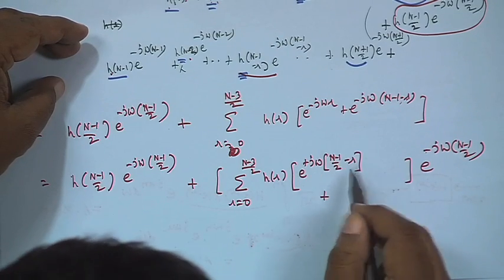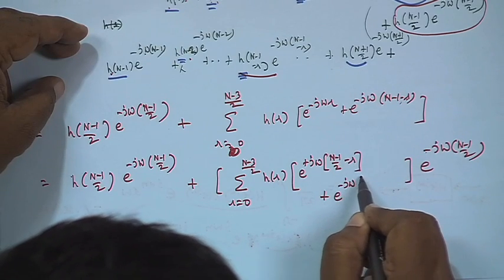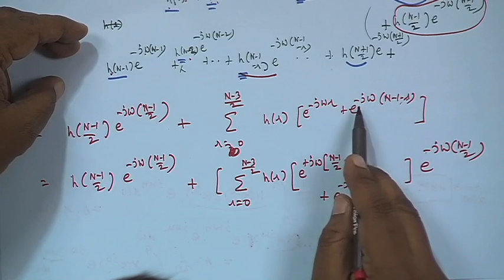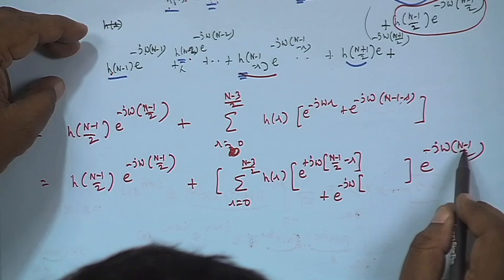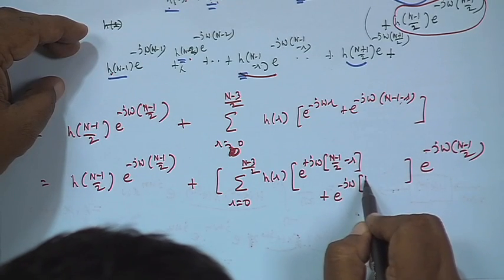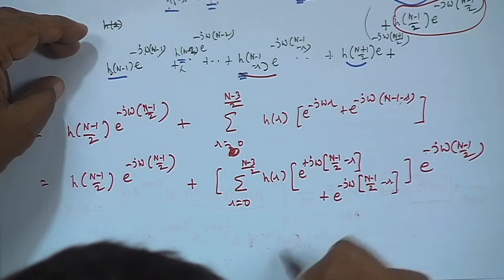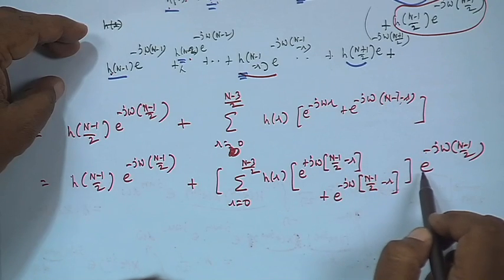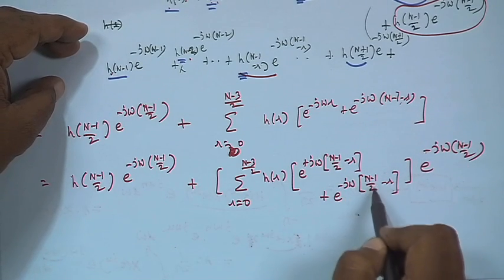And here, already I had e^{-jω(n-1)}, out of which e^{-jω(n-1)/2} has gone. So, another (n-1)/2 is still left. So, only this will be there, minus r, because e^{-jω(n-1)} was present. From that I have taken out e^{-jω(n-1)/2}. So, another (n-1)/2 is here.